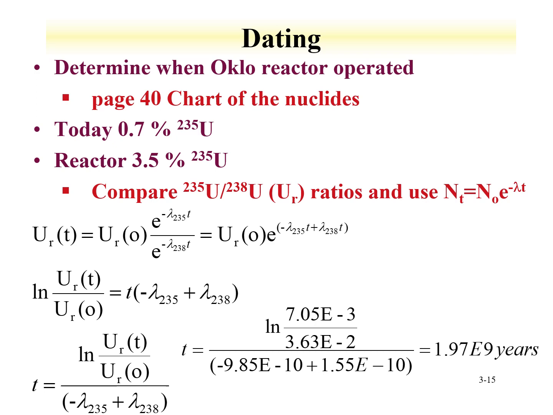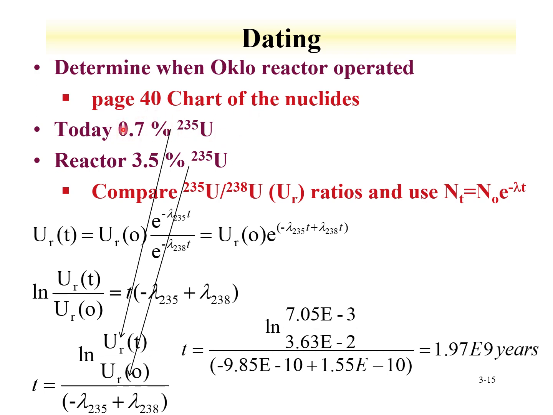So let's figure out a route of rearranging these equations to determine what was the time that the Oklo reactor was operating. Let's use the amount of uranium-235 as an indicator. Today, 0.7% of uranium is 235. If we look at a reactor with regular light water, the uranium-235 needs to be at 3.5%. The half-life of uranium-235 is shorter than the half-life of uranium-238.